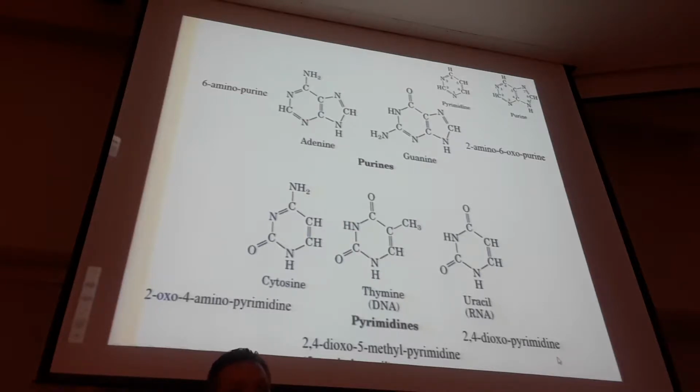What does this mean, really, with regard to properties? Make it acidic? No, not really. We call them bases, right? Because we have these nitrogens that are electron donors. So they're Lewis bases, right?